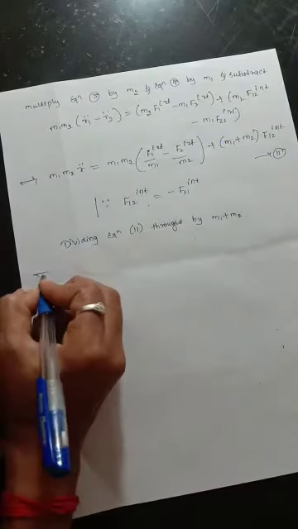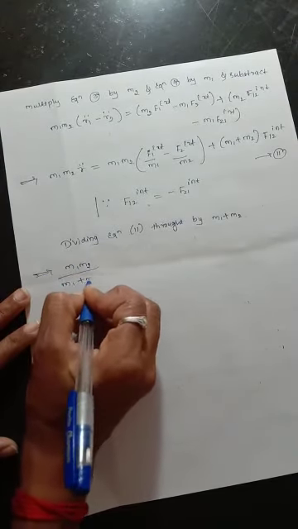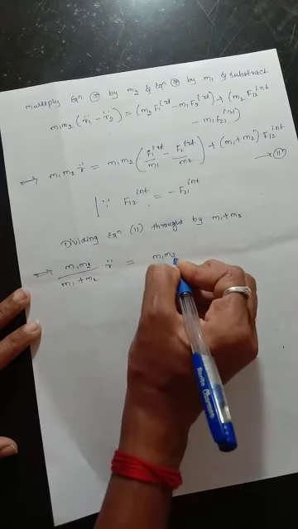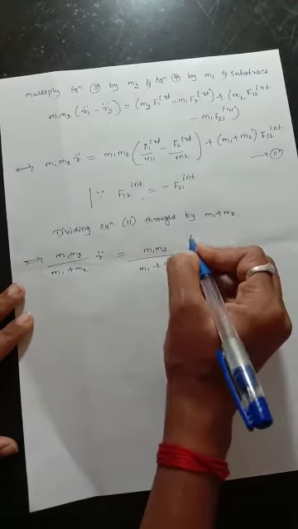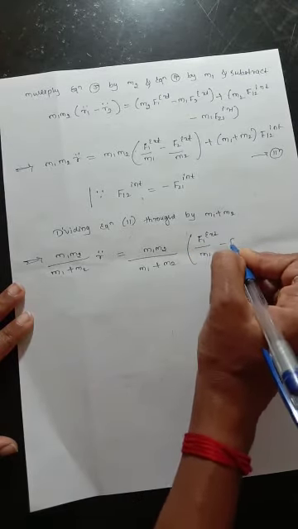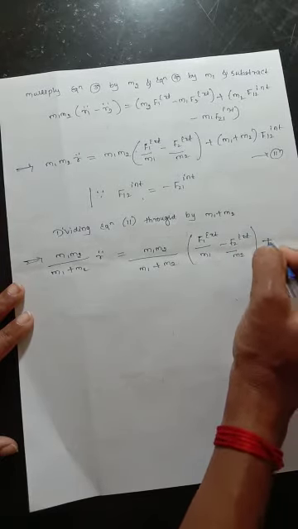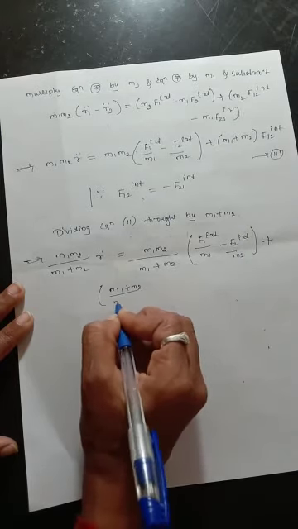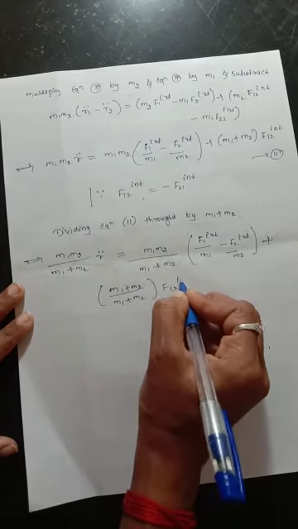This is equation 11, meaning m1 m2 divided by m1 plus m2 times r double dot equals m1 m2 divided by m1 plus m2 times the remaining terms as they are, f1 external divided by m1 minus f2 external divided by m2, plus m1 m2 divided by m1 m2 f12 internal.